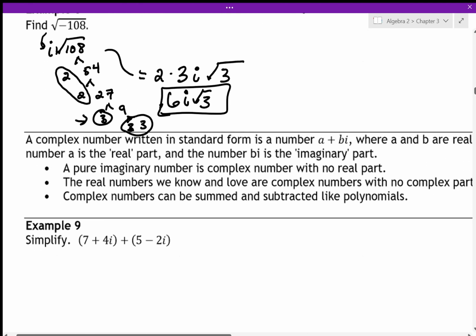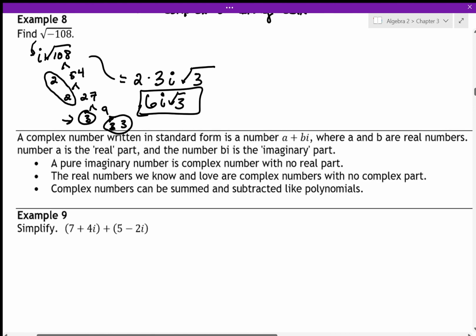Down here, this blurb just talks about how when we have a complex number, there's a real part, which is just a plain old number, and then an imaginary part, which has an i. So we're going to have a plus bi. We treat the i like he's a variable, and we can combine like terms.